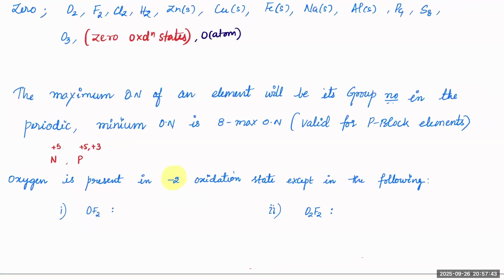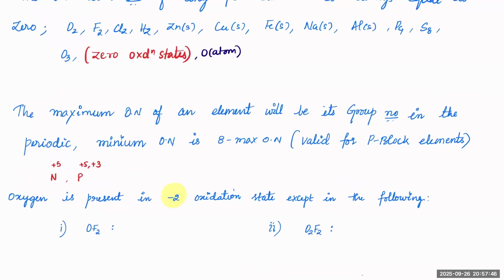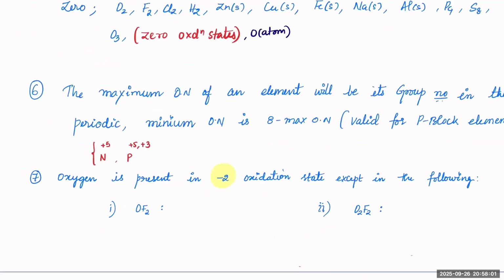Basically, here the group number is with respect to the representative elements, and you know representative elements are shown with subgroup A, correct? So this will become 5A, isn't it? So these two belong to the 5A group. In the same way, oxygen can exhibit +2 as well as -2, while sulfur can exhibit -2, +2, and +6.